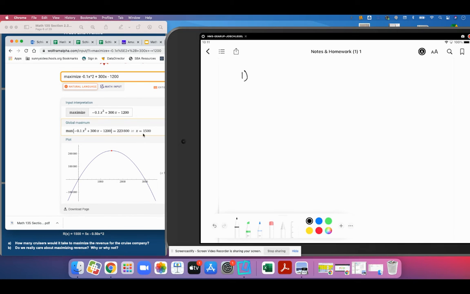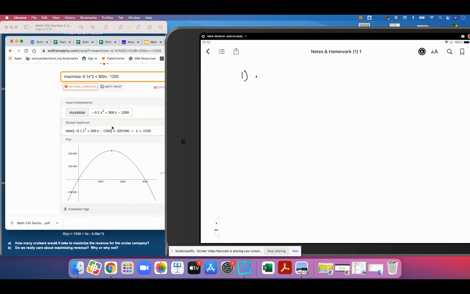So we need to produce 1,500 units and sell them. And if we do that, we will make a profit of $223,800. So I'm going to write that down really quick over here on my iPad.